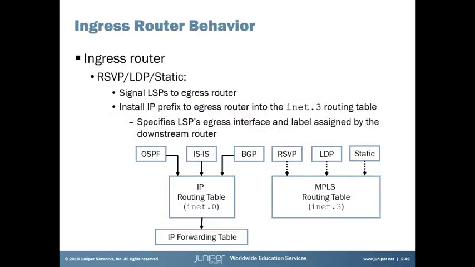Alrighty. So let's have a bit of a recap of what we have learned so far. The ingress router behavior. We'll get into these things called signaling protocols in our next lesson, but here's an example of them here: RSVP and LDP.